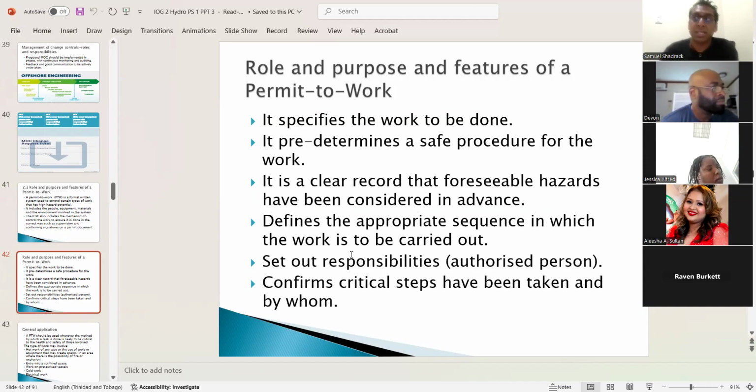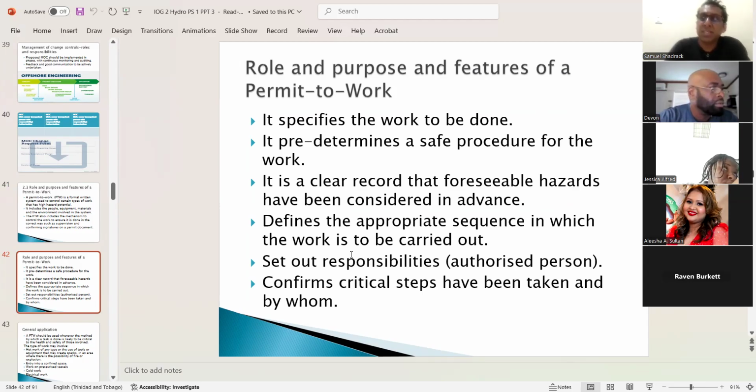The authorized person is the person that issues the permit to you. The authorized person is like a manager, then, like a safety manager. However, it doesn't have to be a manager and it doesn't even have to be safety. It could be somebody in operations, right? Area authority. What makes somebody an authorized person is that they have experience, right?